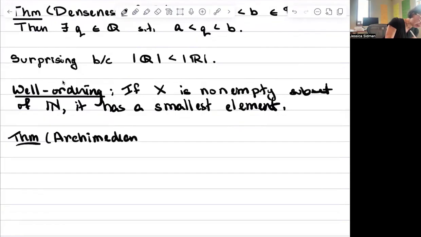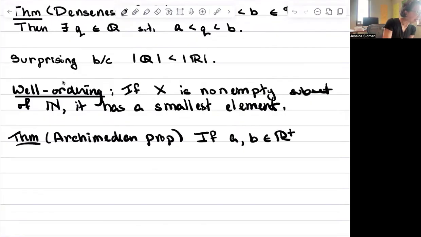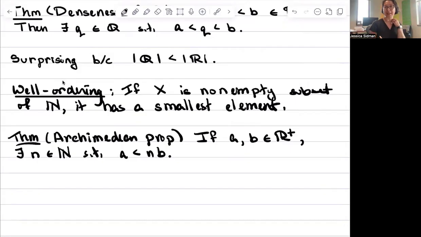And this says that if I have two real numbers a and b that are both positive, then there exists some natural number n such that a is less than n times b.